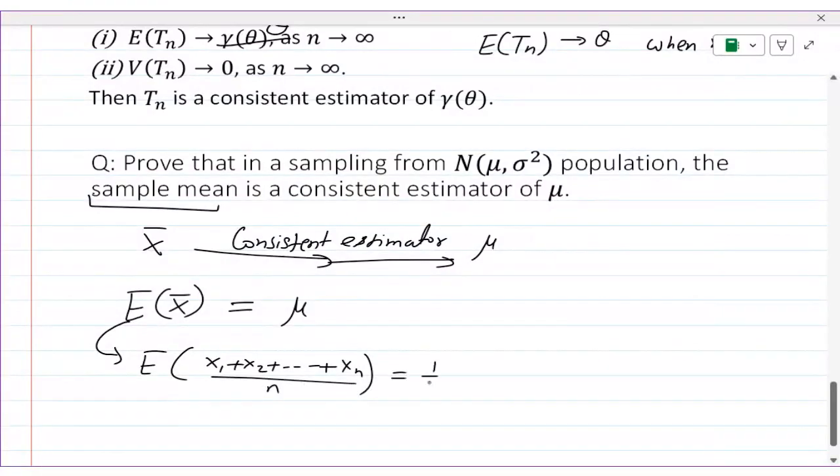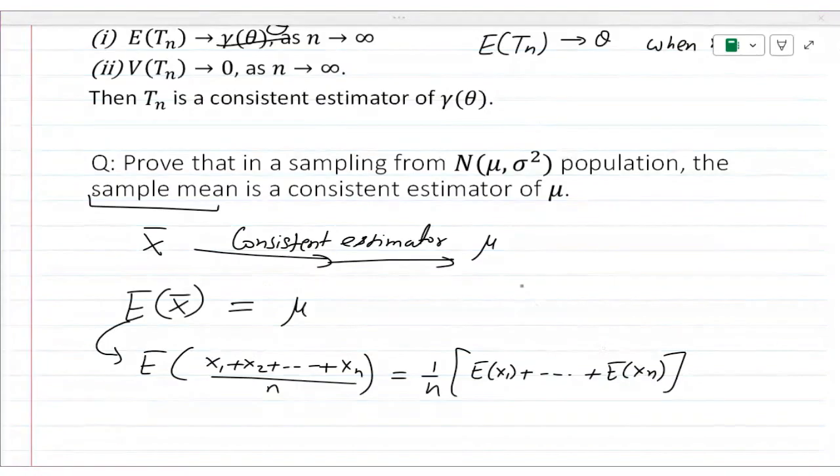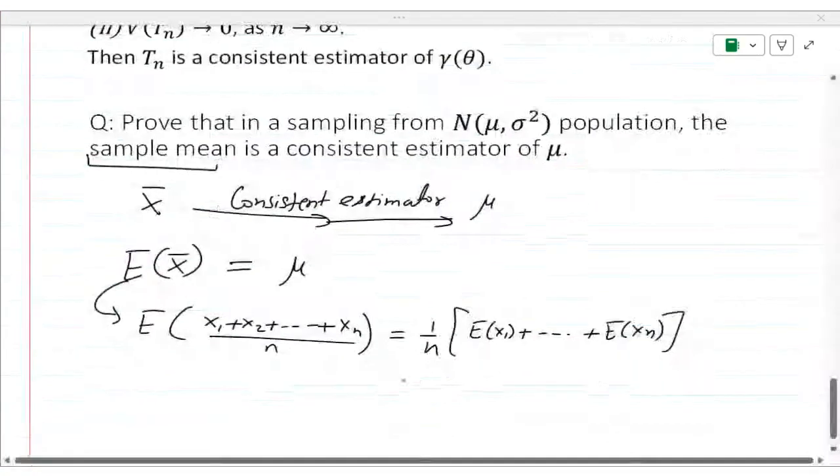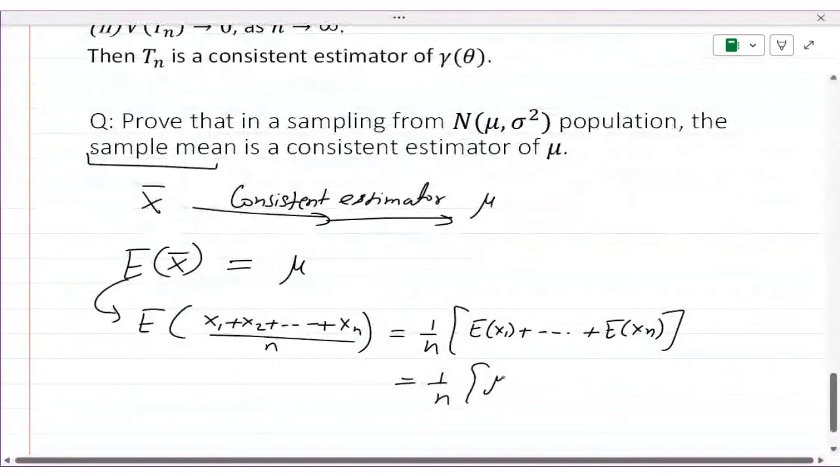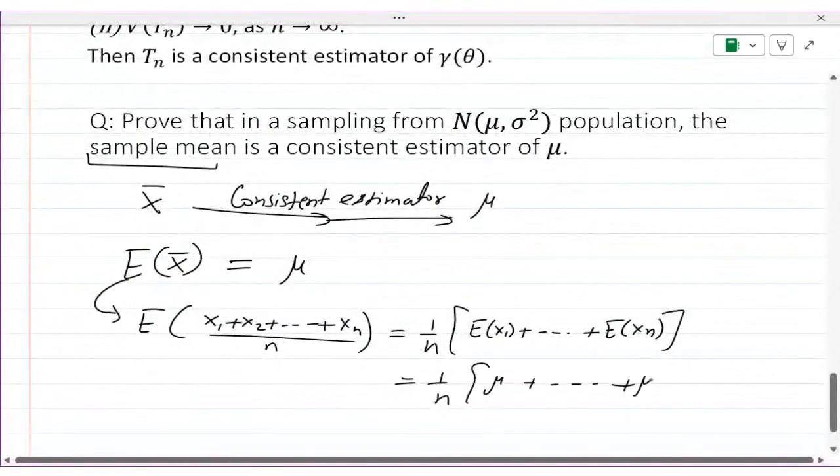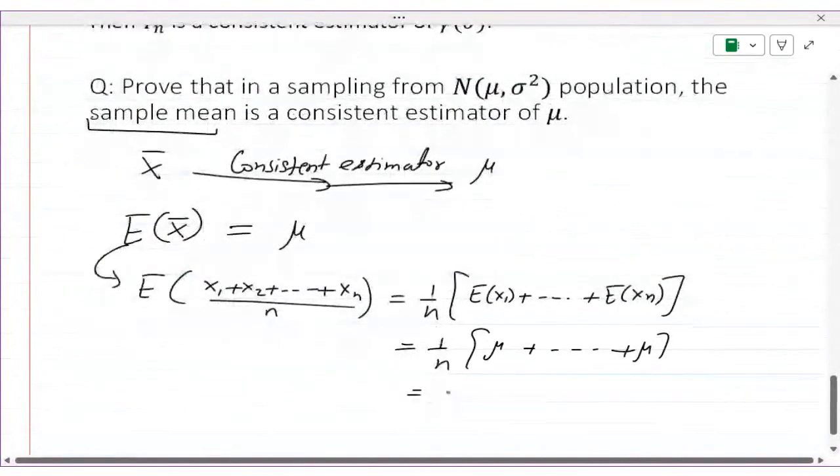So expectation of x1 plus expectation of x2 plus up to expectation of xn. Now because the sample has been taken from the normal population where the mean of every member is mu, expectation of x1 is mu, expectation of x2 is mu, and all have mean mu. So you will get 1 by n times mu plus mu plus mu, n times. That is n mu upon n, n cancels, so you will get mu.